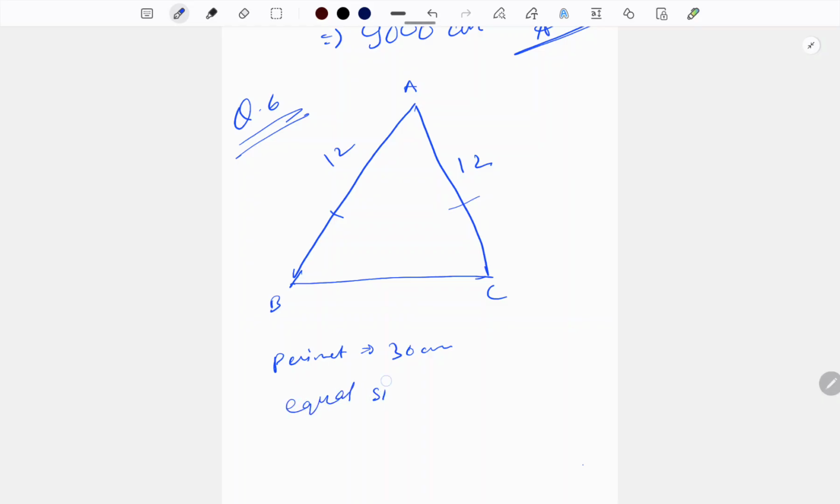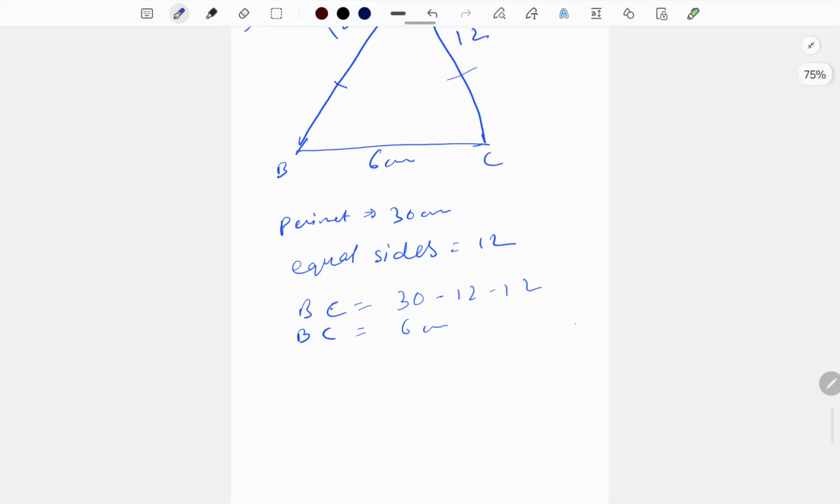Equal sides 12. So BC is equal to 30 minus 12 minus 12, BC is equal to 6 centimeter. Now we have to find the area of the triangle.